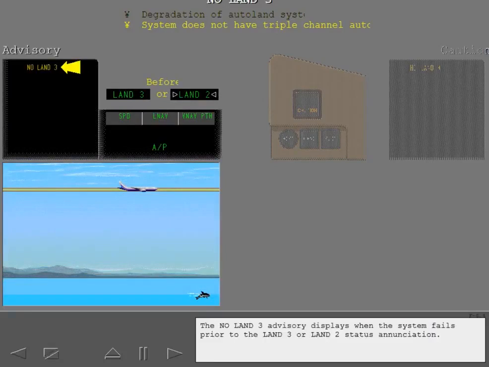The No Land 3 advisory displays when the system fails prior to the Land 3 or Land 2 status annunciation.